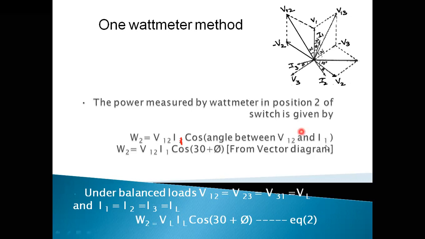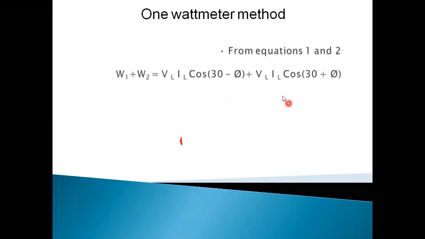Knowing this, if we proceed further from equations 1 and 2, what happens if I add W1 and W2? I have taken the reading of the wattmeter when the position of the switch is 1, that is W1, and when the position of the switch is 2, it is W2. Then what happens if I add these two?